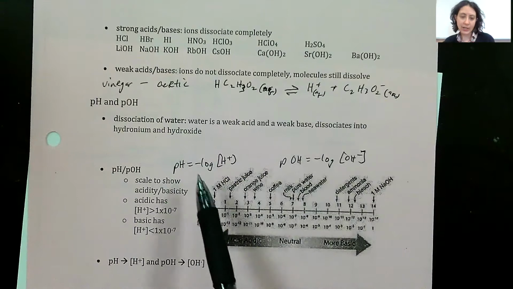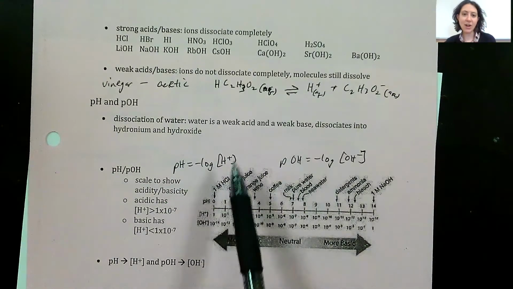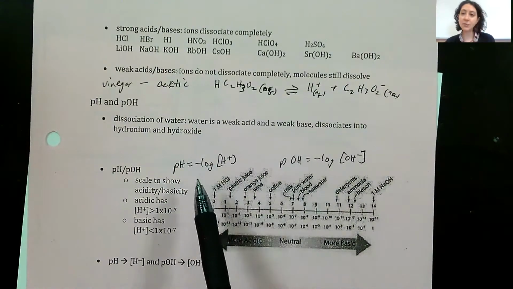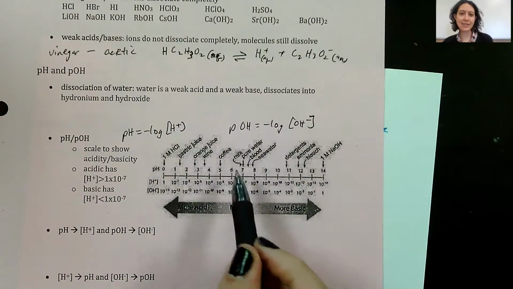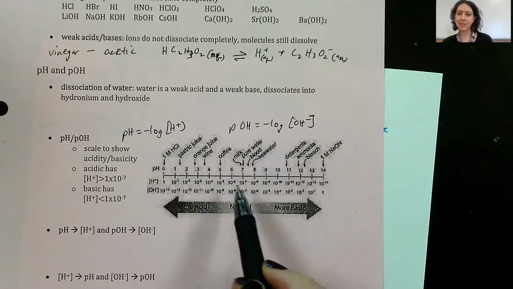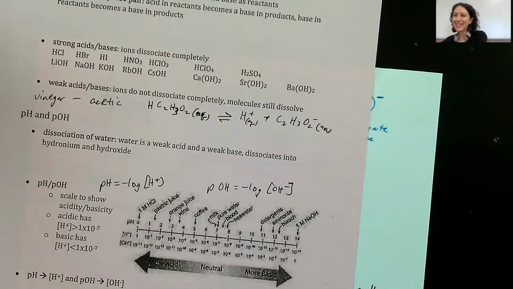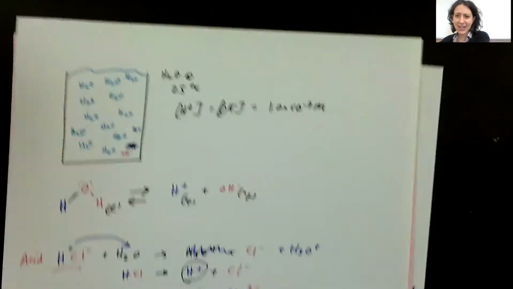Okay, so the pH is a number that is based off of the hydrogen ion concentration, but first we have to do the negative log of it. I want to go back to this example with water so we can talk about it. Water is considered neutral and it has a pH of 7, pure water. It's listed right there in this kind of weird drawing. That diagram is not very clear.